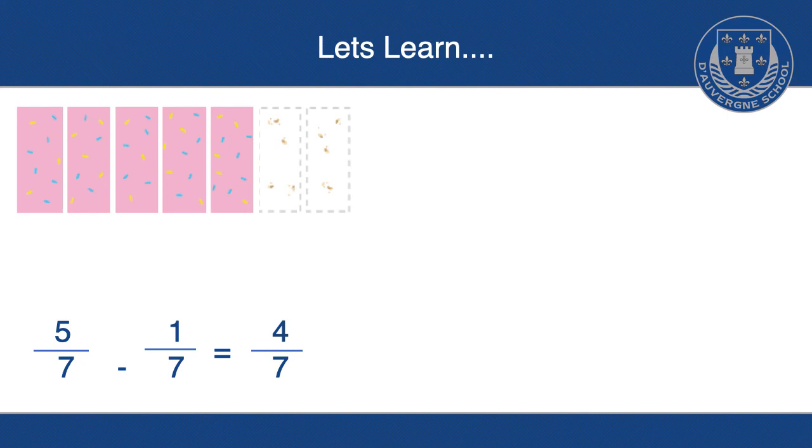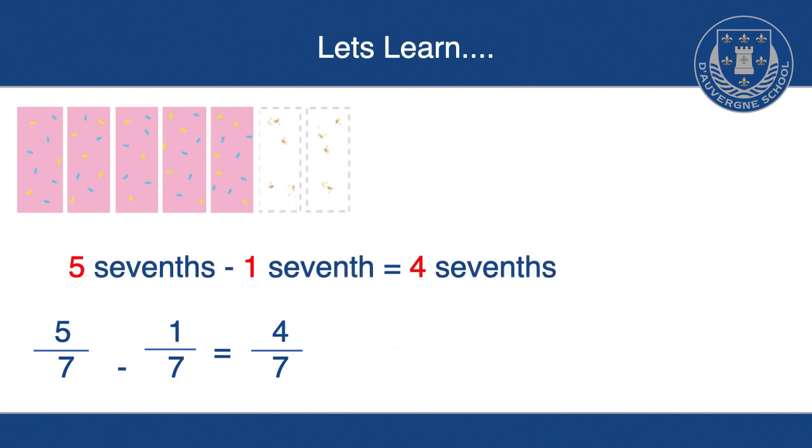So our denominator, our bottom number, does not change, but our numerator, the top number, does. So we have 5/7, take away the 1/7 that Ruby ate, so we are left with 4/7 of the cake left. And that's how we could write it. 5/7 take away 1/7 equals 4/7.